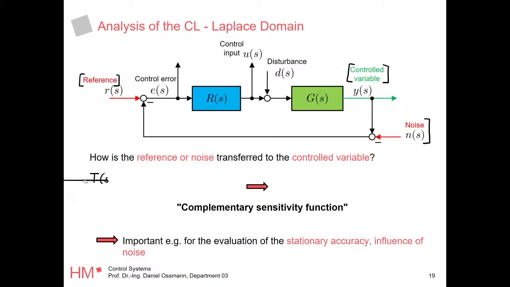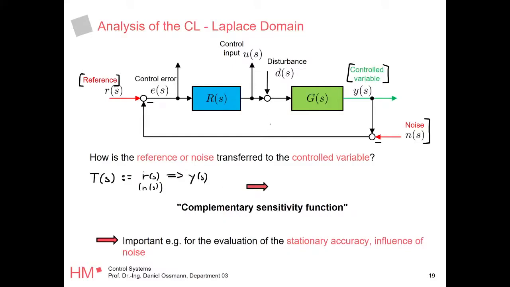It's called the complementary sensitivity function T(S). It is simply defined by how our reference R(S), or also our noise N(S), transfers over to the output, right?